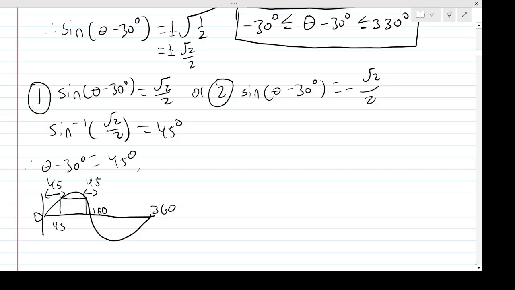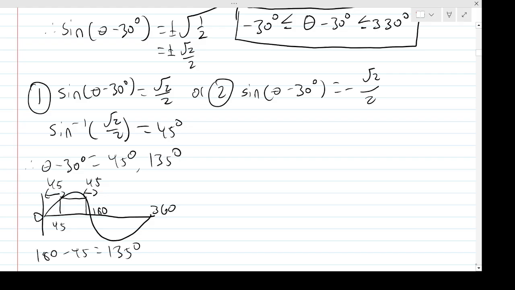So to get the next solution, we take away 45 from 180. 180 take away 45 would be 135. Cool.